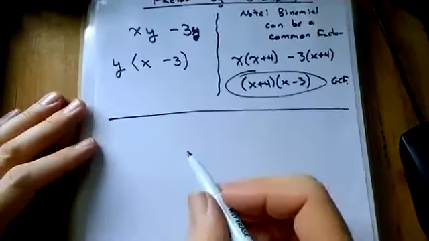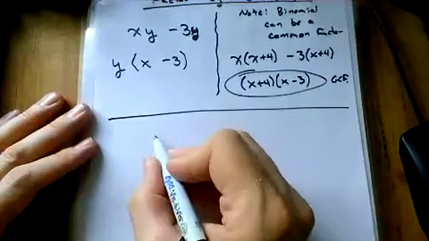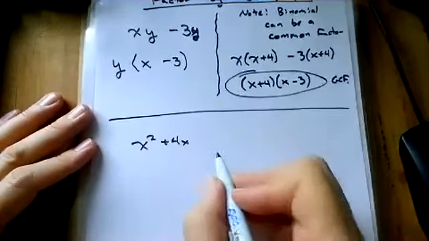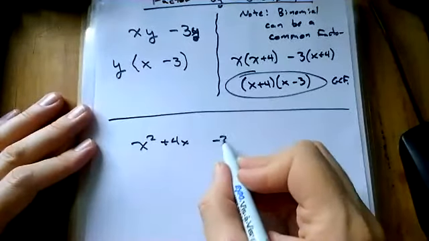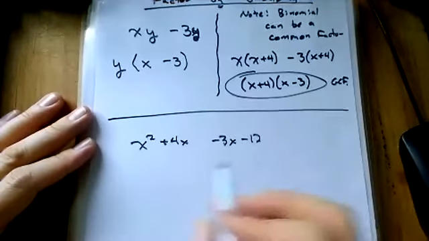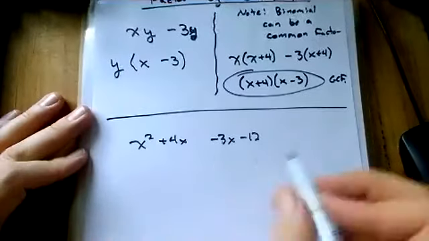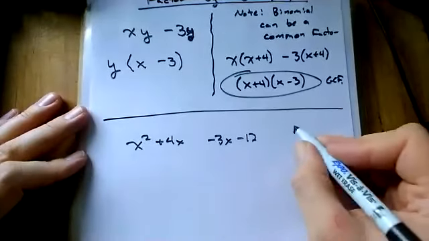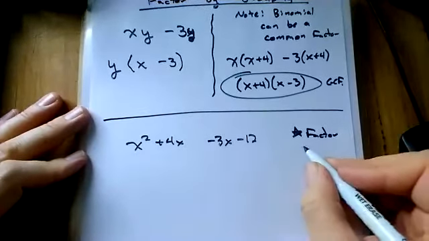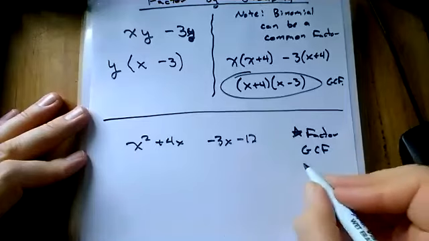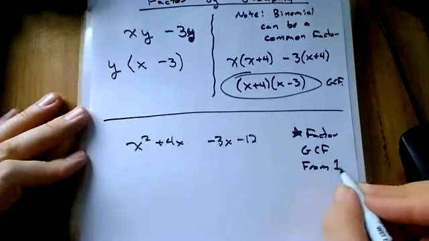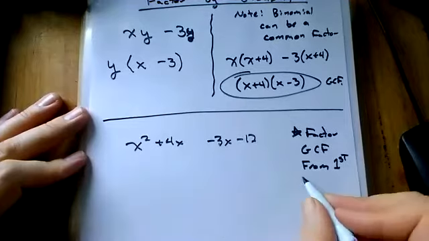Well, let's take this one step further. What happens if I've got x squared plus 4x and then minus 3x minus 12? What we're going to do is factor the greatest common factor from our first two terms.